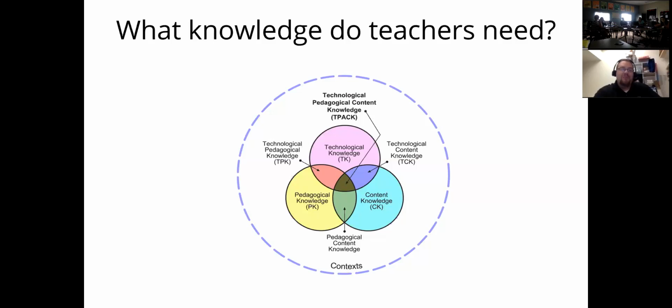So again, it's important that you don't have to be an expert in technology. What you probably need to know is a general understanding of what the device does, how to undo, how to get out of a mistake that a kid makes, and how to share. And if you can figure out those three things, generally you're going to be pretty successful with your implementation because kids are going to figure it out.